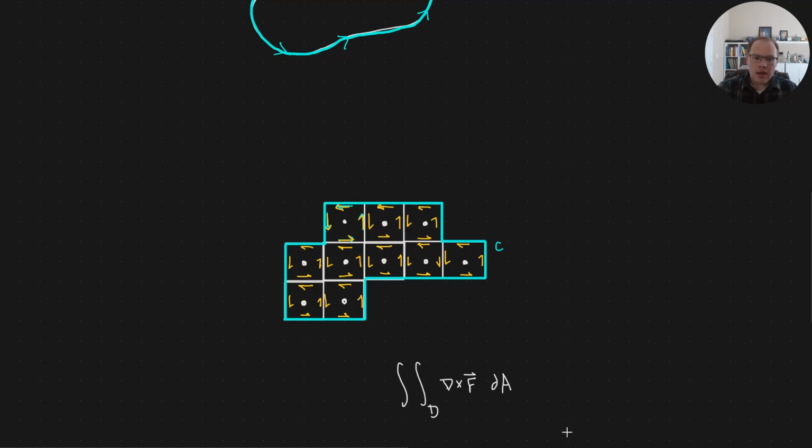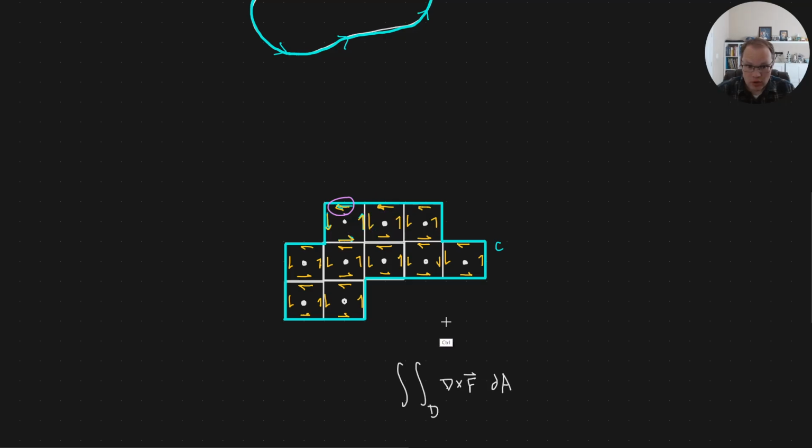Okay? Now, the boxes give a good idea of what's going to happen. Say I add the circulation in this box to the circulation in this box. Okay, what's going to happen? Well, all these little elements get added together.